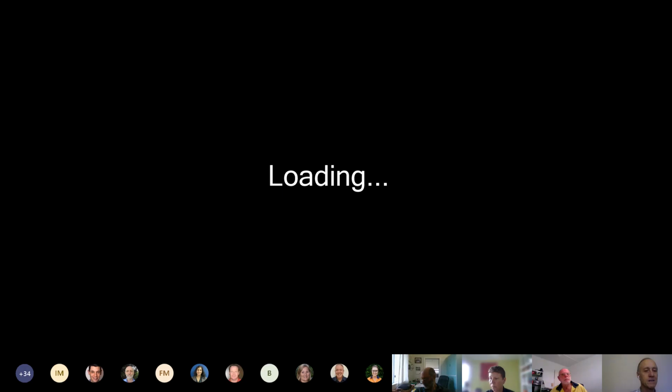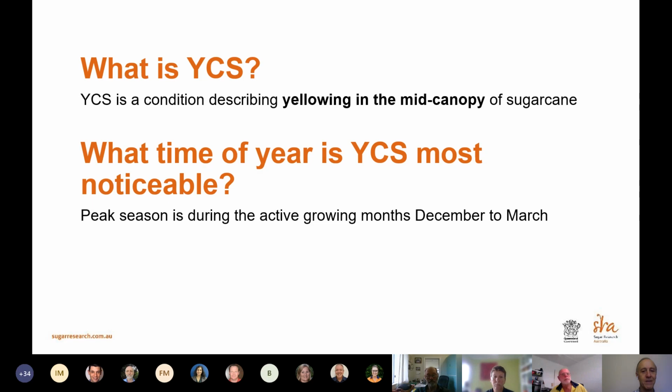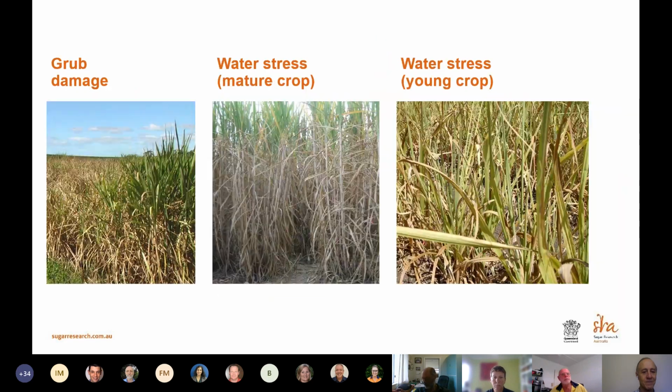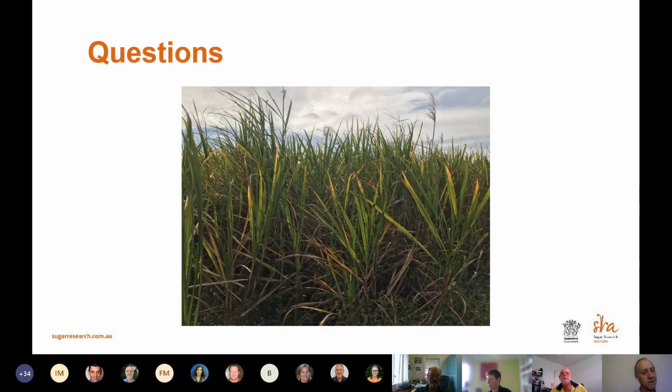Unlike RSD, it can enter the cane just from living in the soil. So when you plant it into infested ground, it can actually go straight back into the cane. So it's difficult to manage from that perspective. So the main thing with chlorotic streak is keep getting disease-free cane.